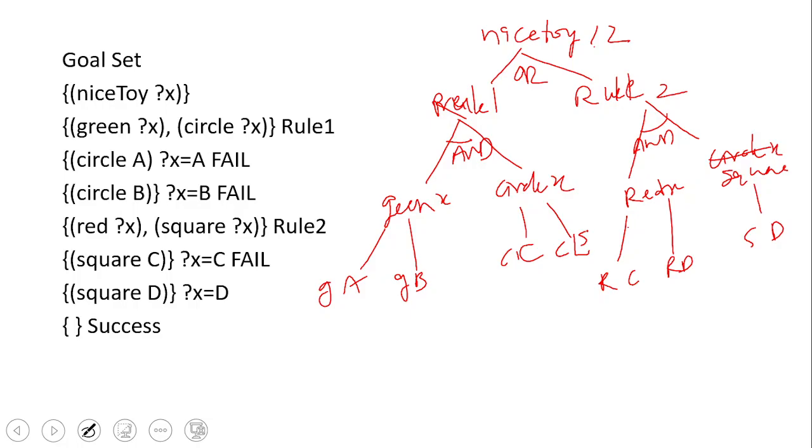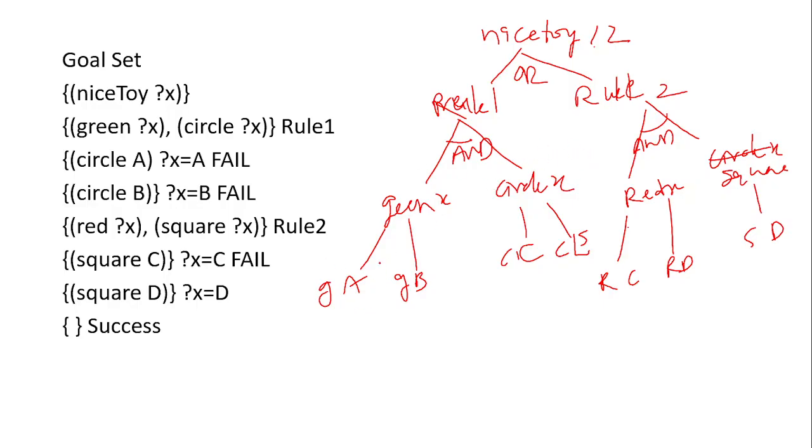So what they had given, the goal is nice toy of x. Nice toy of x means first we'll see for rule 1. OR means we can go in any direction. First we'll go for rule 1. First we need to check green x and circle x.